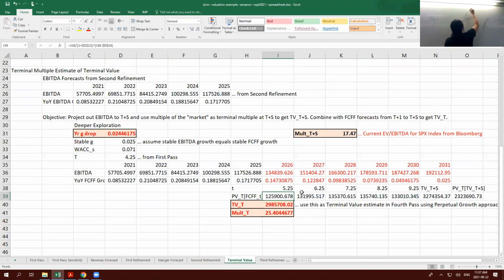I find EV to EBITDA, that was my 17.7 times my own forecast of EBITDA, which is why I had to create this table, because I didn't have it anywhere else before. So it's that multiple times my EBITDA forecast for time 10, 2031. That's how I get this number.